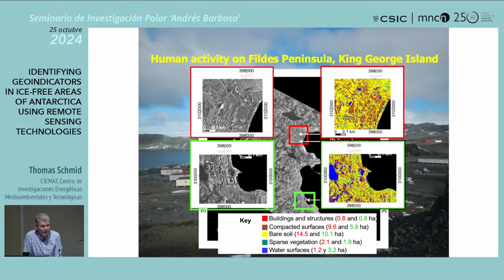So monitoring is very, very useful, and also for conservation. King George is exceptional because there's so much activity. It's a gateway to Antarctica through planes, through ships, etc. So it's an area which should be monitored, and conservation is important.